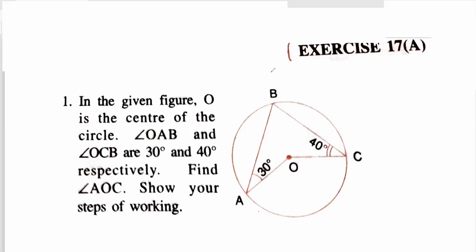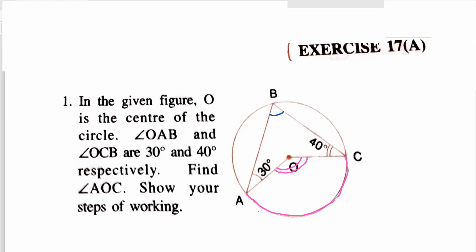So here, see this particular arc AC is making, it is subtending angle AOC at the center. And the same arc AC is subtending angle ABC at the remaining part of the circle.